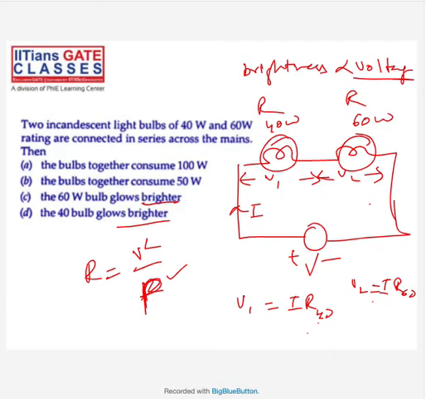So the 40 watt bulb will have more resistance than the 60 watt bulb. So the 40 watt bulb will glow brighter than the 60 watt bulb. Am I clear? Shall I repeat?